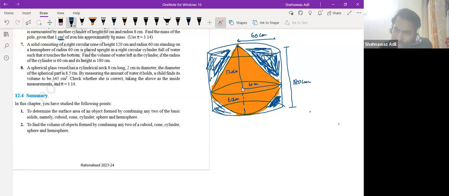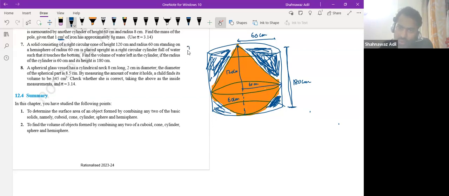So this is 120, this is 60, so this total is also 180. So whatever toy it is, it is of 180 centimeter height. So this is exactly the height of this cylindrical glass, right? Okay, so full of water, find the volume of water left in the cylinder.